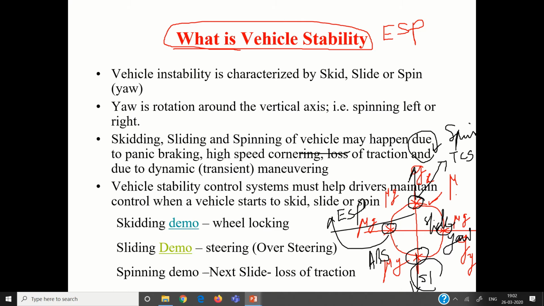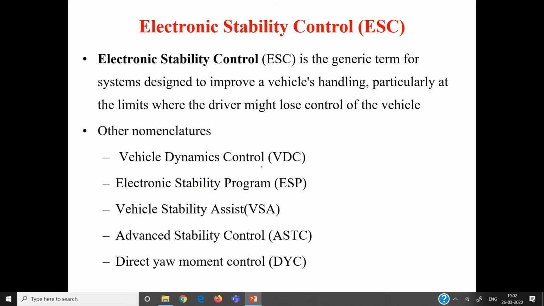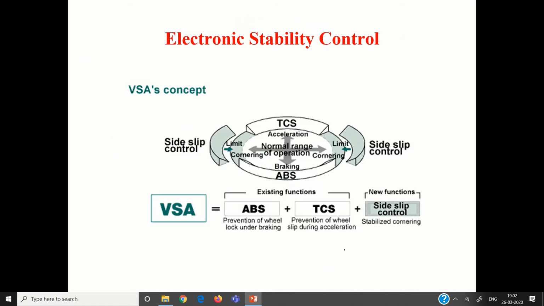They call it electronic stability control, electronic stability program, and so many names; the various manufacturers call it with different names.